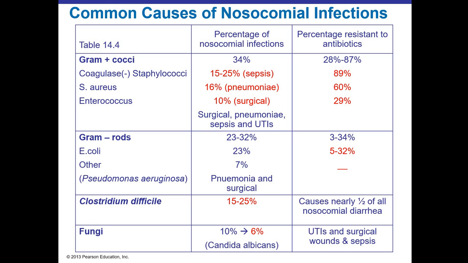We see that in people on antibiotics, normal flora in the gut is going to be diminished, and the C. diff has the ability to then expand and cause the infection. We also see fungi. Lower percentage, but Candida albicans is often the causative agent there, in simple UTIs and surgical infections, occasionally sepsis. So it's not a large part of the nosocomial story of infections, but still significant.